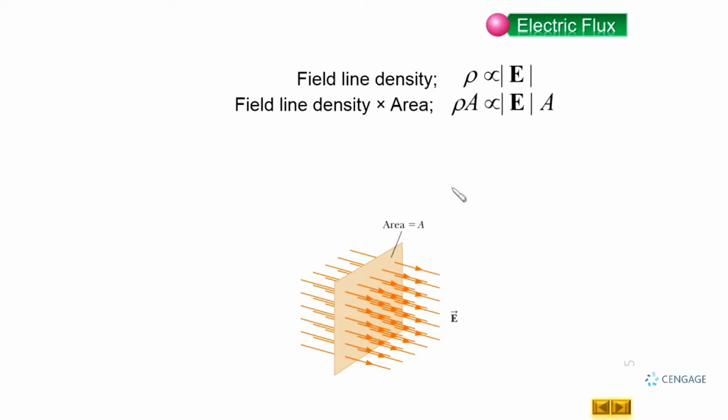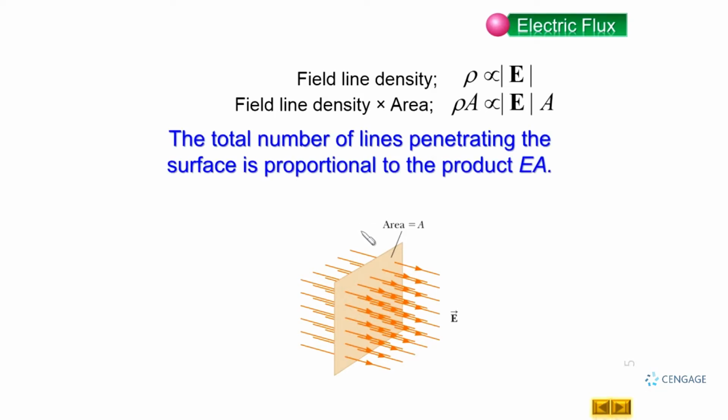So this term rho multiplied by A will become the number of electric field lines. So the total number of field lines penetrating the surface is proportional to the product E multiplied by A. This product of the magnitude of the electric field E and the surface area A, which is perpendicular to the electric field, is called the electric flux. We call E multiplied by A the electric flux.